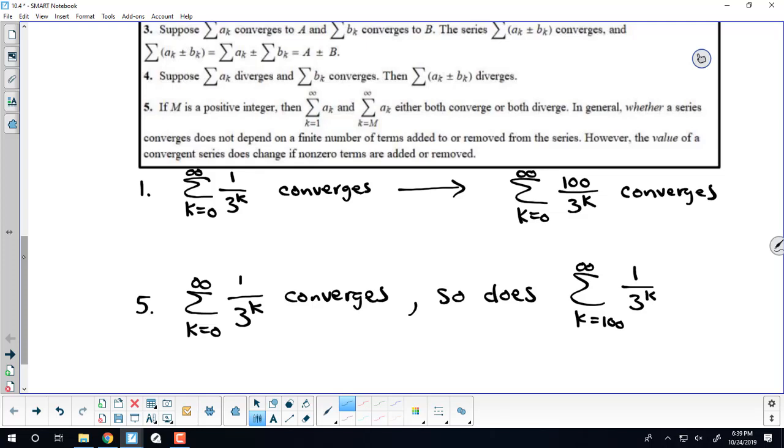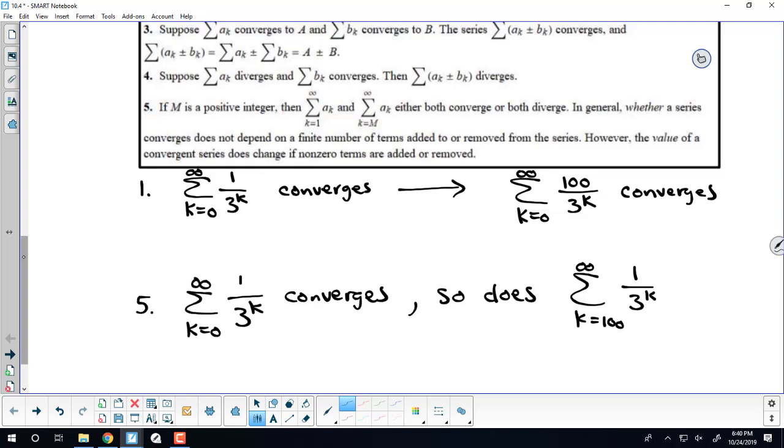Of course, they would have a different value, but still both converge. Likewise, if we started with the sum from 100 to infinity of 1 over 3 to the k, and we knew that converges, and we subtract all of those terms and start at 0, that series still converges as well. So whether we take away or add a finite number of terms, it's not going to affect convergence.